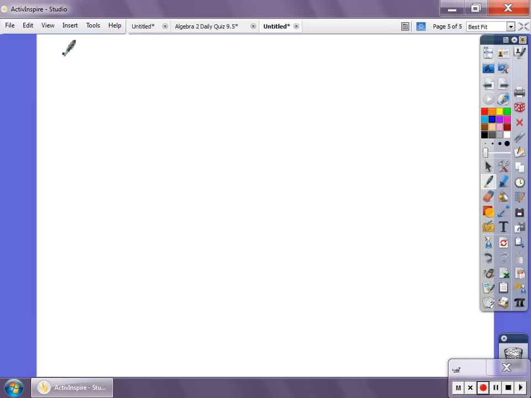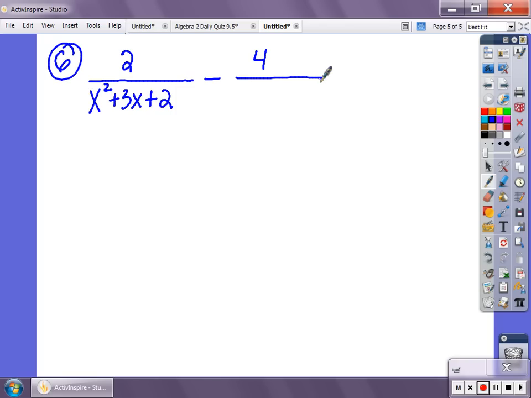Our last one for adding, number 6, is 2 over x squared plus 3x plus 2, then minus 4 over x squared plus 4x plus 4. Remember, factoring the denominators will make our lives much, much easier.